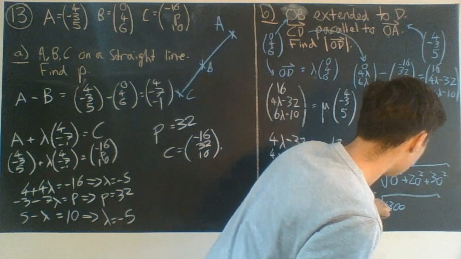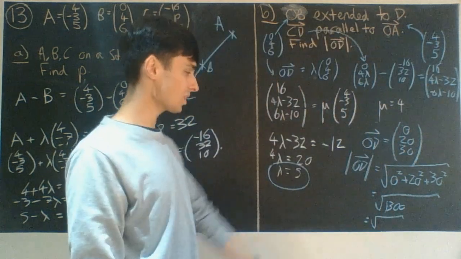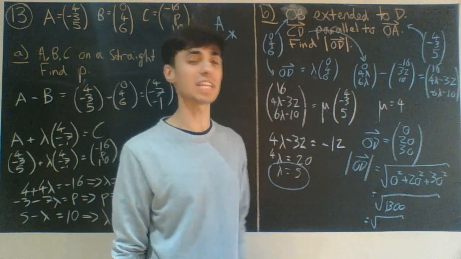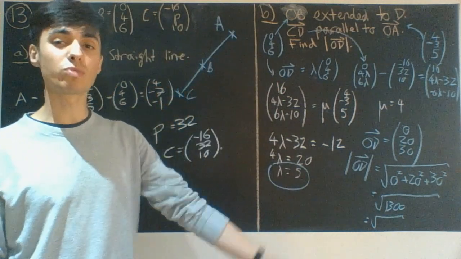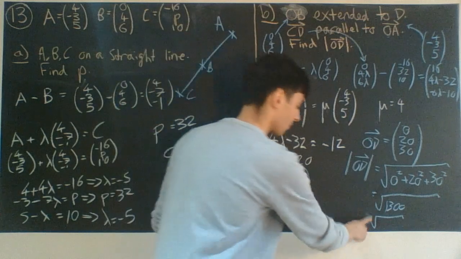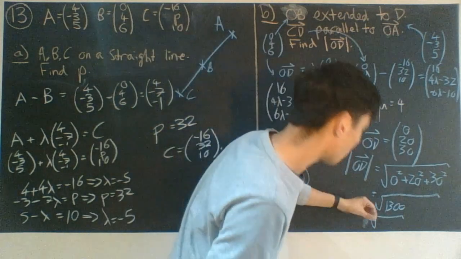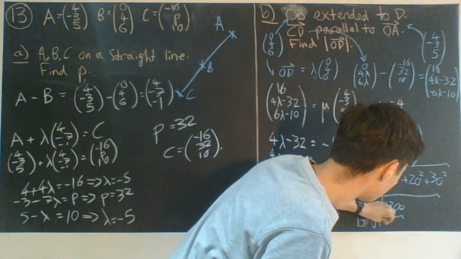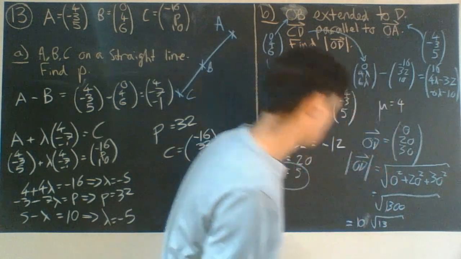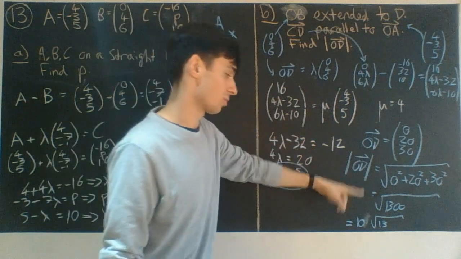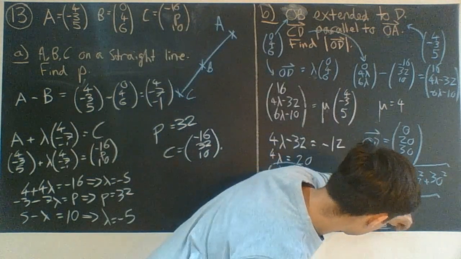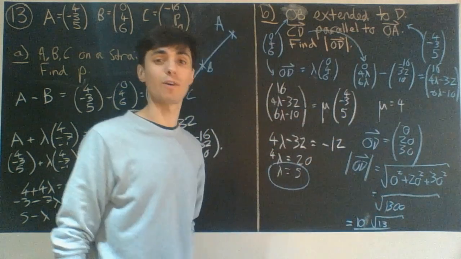And we would like to simplify it as a surd. So we could take 1,300 to be 13 times 100. The root 13 isn't going to budge, but we could take out root 100 to be 10. So 10 root 13. We think that the modulus of OD is 10 root 13. I'll underline that. And that is our final answer.